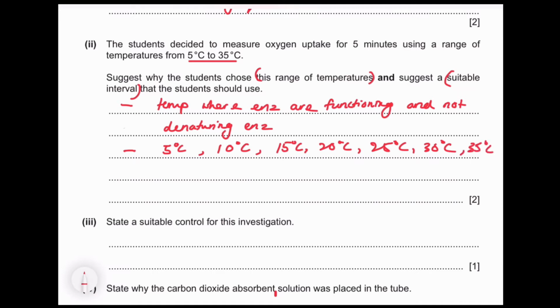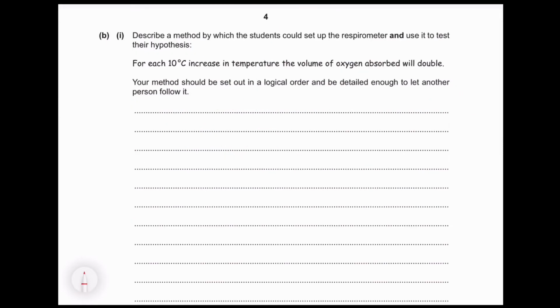So I'll get 7 temperature here. So if you omit the first one and the last temperature will be still accepted.